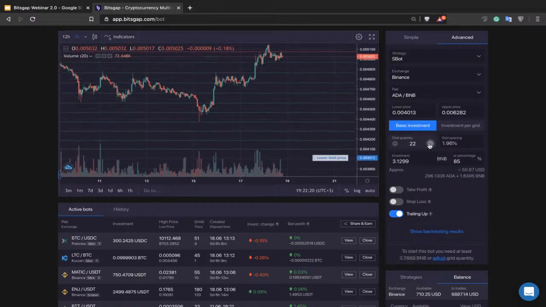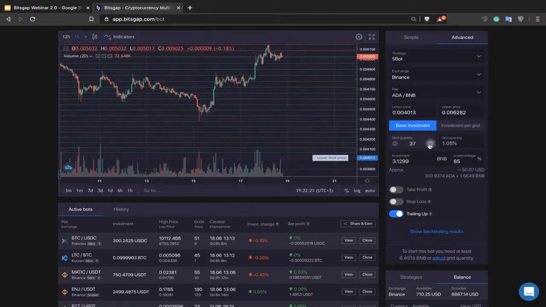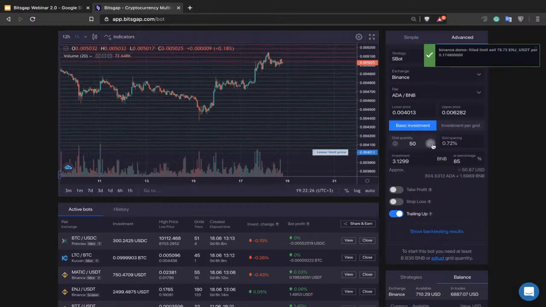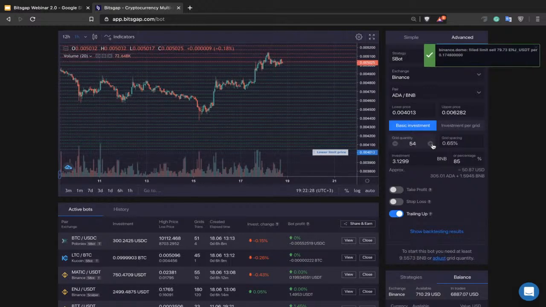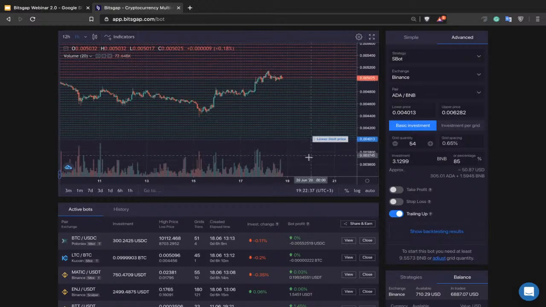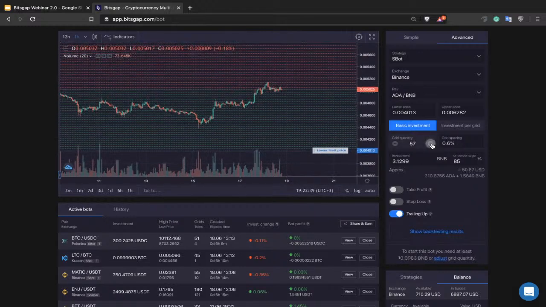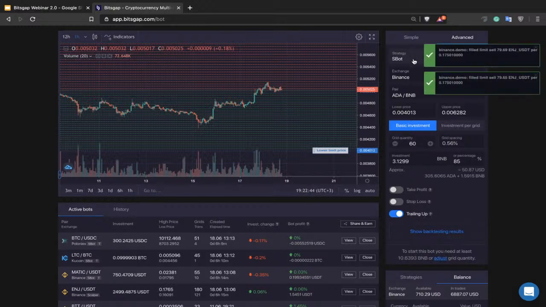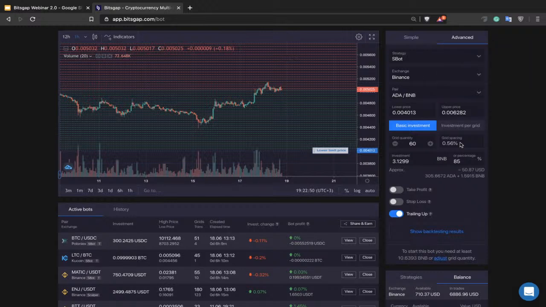It's pretty clear that the more levels you have distributed within the trading range, the more chances you have to get as many triggered as the market is going to be volatile. And the interesting thing here is that we have some limitations. For instance, for the S bot and for the classic bot, the minimum grid spacing is 0.1%.